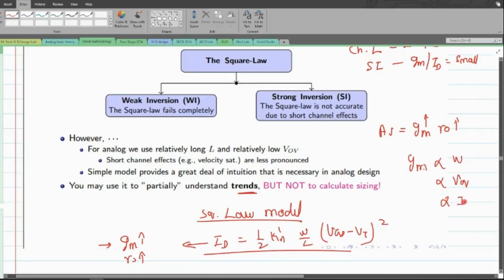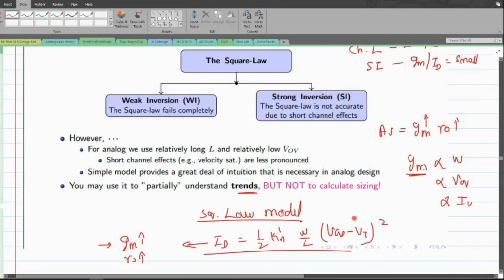So this simple model shows the different ways by which I can achieve this GM. But I cannot use this to actually calculate the value of GM from the square law model. What I know from the square law model is which particular parameter I'm supposed to vary to achieve a high GM.